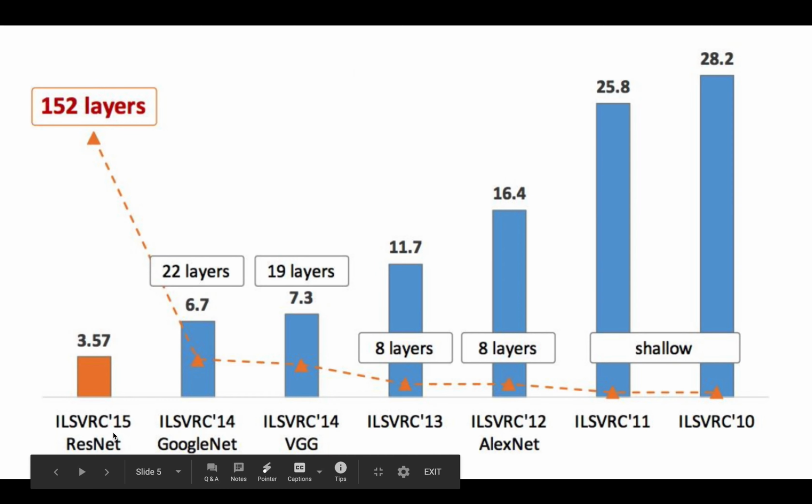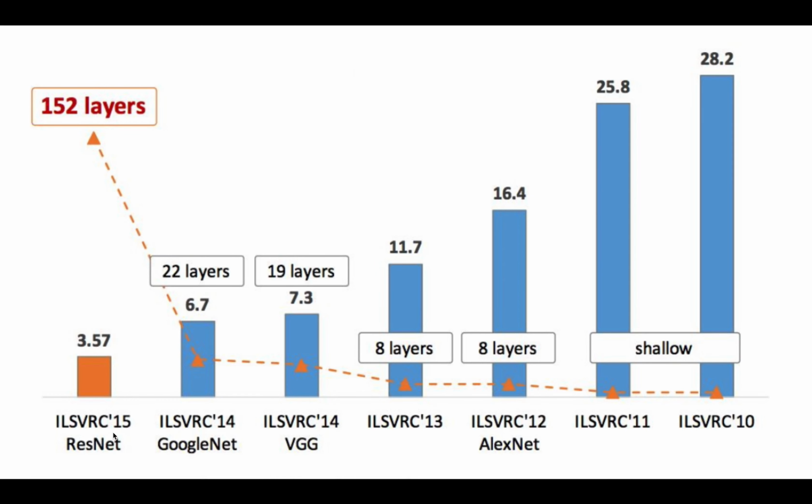ResNet uses around 50, 100, even 1000 layers, trained as deeper mappings using residual shortcut connections.